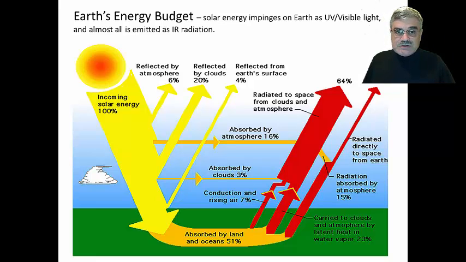But essentially, the Earth's energy budget balances out. That is, you have ultraviolet and visible light coming in and infrared radiation going out. And only a very small amount of this energy is actually used to drive things like weather and things like photosynthesis and our solar voltaic panels.